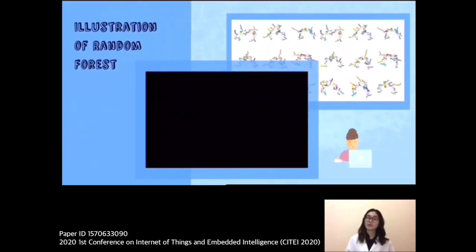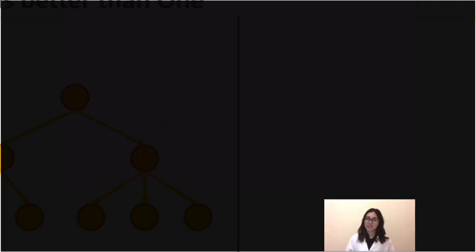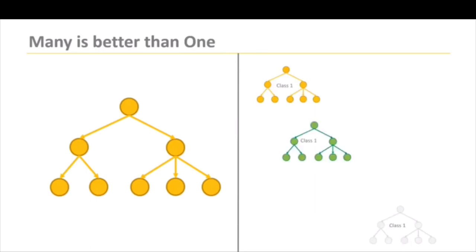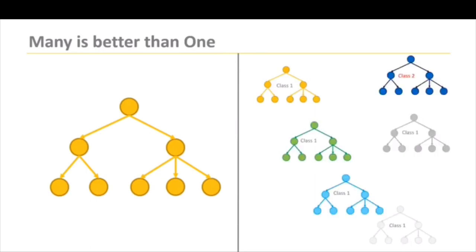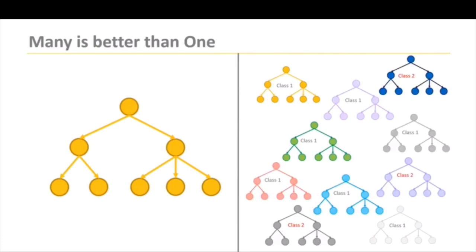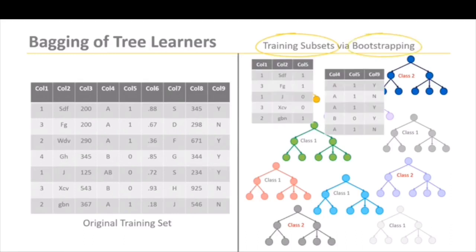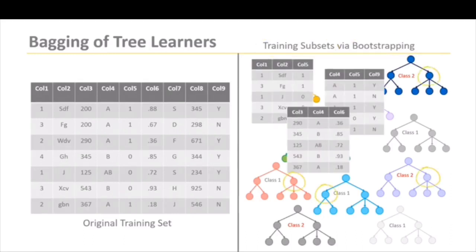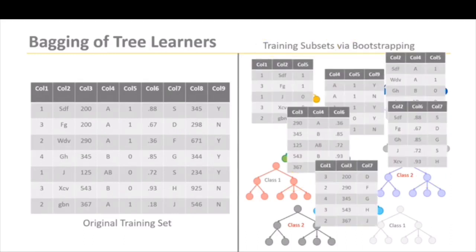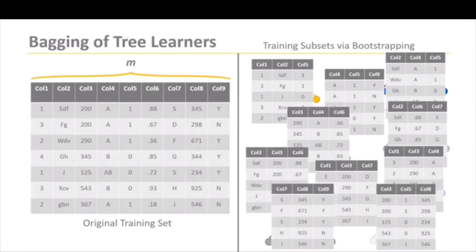For better understanding, we're going to take a look at this illustration of random forest. Many is better than one, or we can call it n trees. Picking of tree learners or training subsets via bootstrapping, where the column count is going to be m and divided like this.